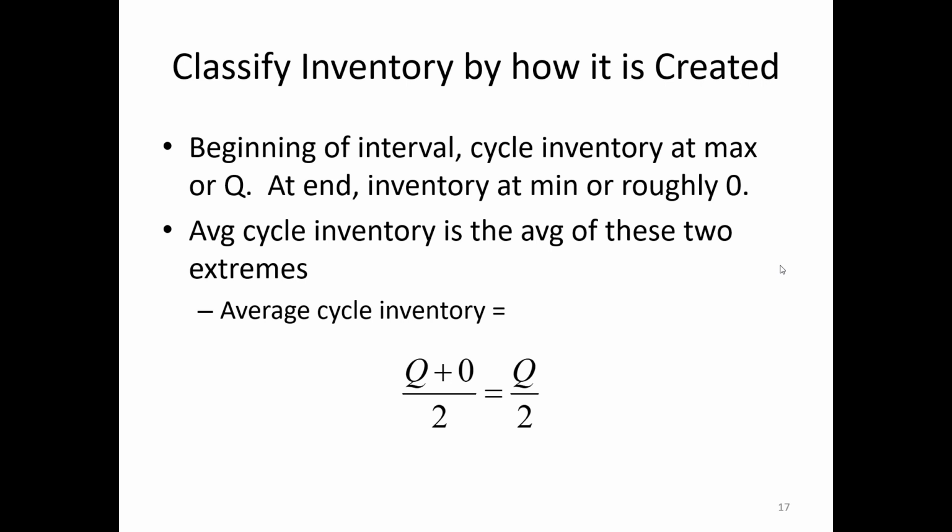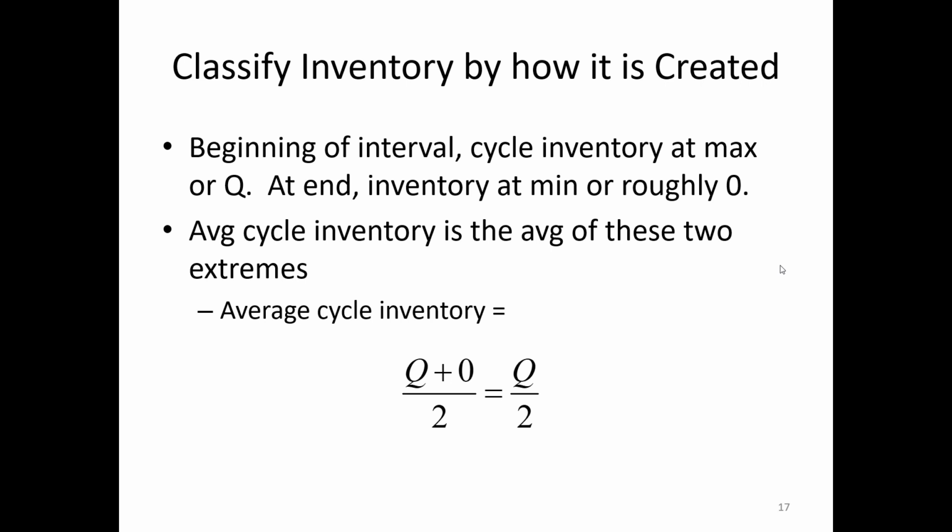So we start at Q. Throughout the days, the minutes, the seconds, the week, we're selling stuff, and so our inventory is drifting below Q. At the end of that inventory period, when the new order is expected to be there, we've sold everything. There's a whole bunch of assumptions in this, but that's the general theoretical approach.